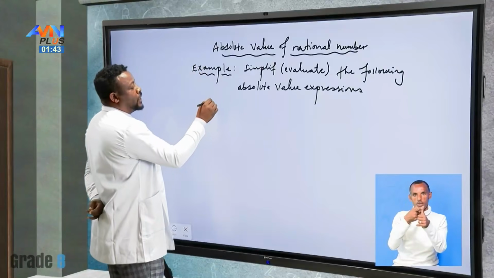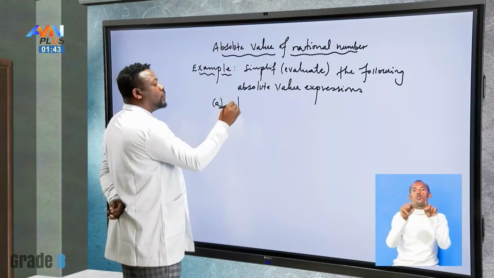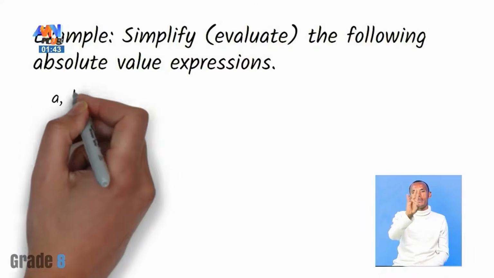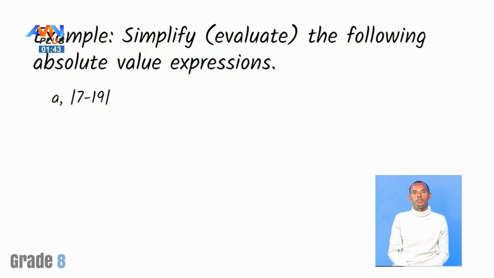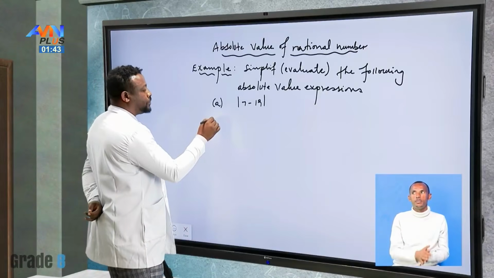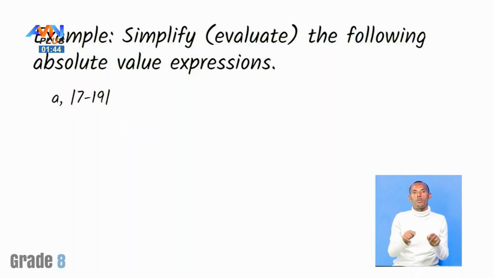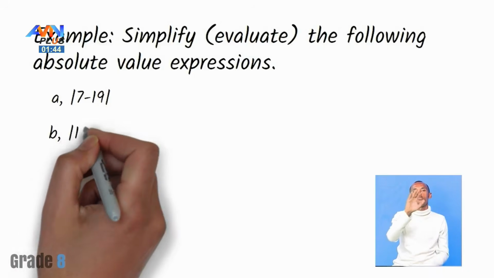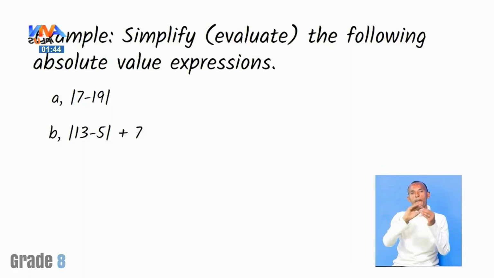The first expression here is the absolute value of 7 minus 19. The second one, the absolute value of 13 minus 5 plus some other number.